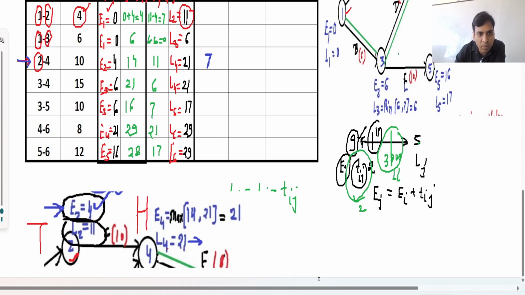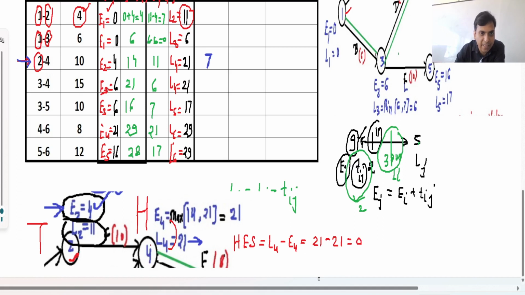And the difference of this L and E is considered as slack. So if you need to find head event slack, you subtract L4 minus E4, then you will get 21 minus 21, which equals 0, and this is considered as head event slack.